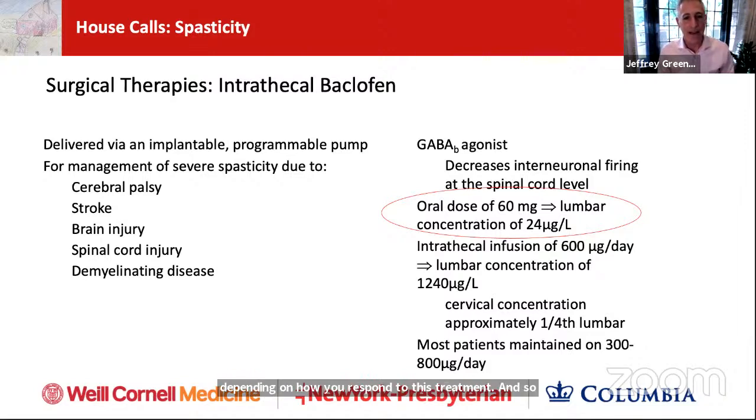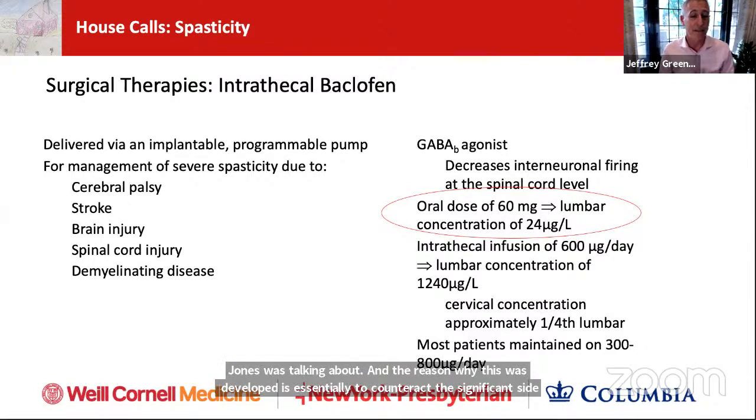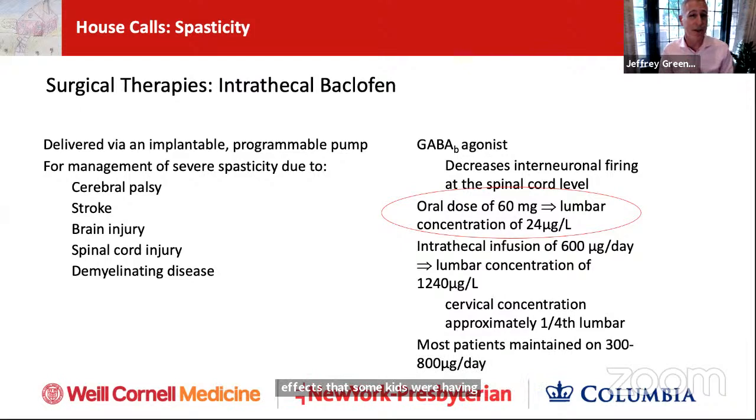Intrathecal baclofen is a natural takeoff from the oral baclofen, which was the first medication that Dr. Jones was talking about. The reason why this was developed was essentially to counteract the significant side effects that some kids were having with the higher doses. It's extremely efficacious. However, the side effects were making it intolerable.